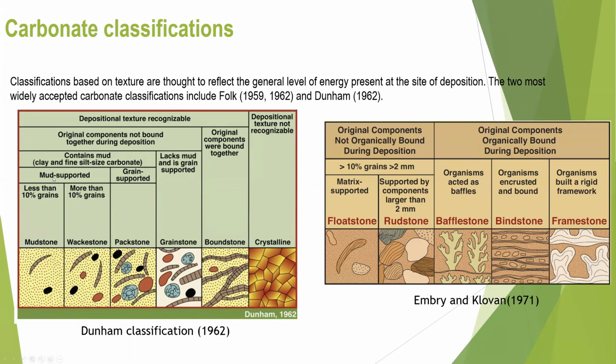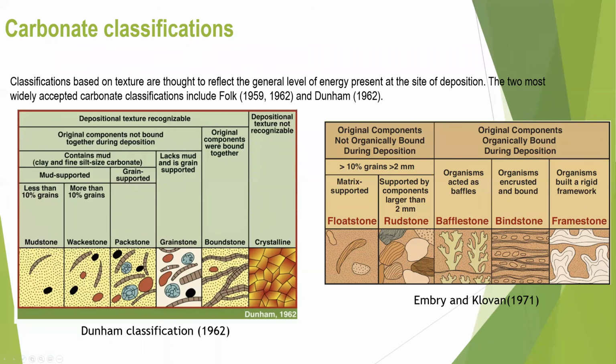For example, if a rock is mud supported, it means that most of the rock system contain mud, but with less than 10% grains, we say that this is mudstone or lime mudstone. If it is mud supported with over 10%, we can say that this is wackestone. If they are grain supported, but with mud or with cement, we say that this is packstone.